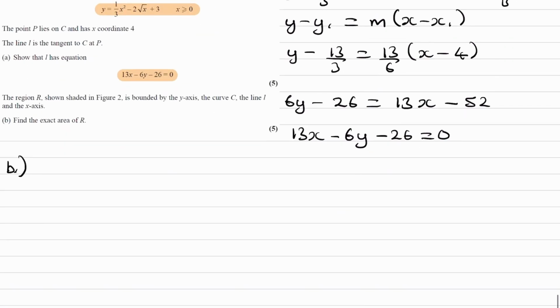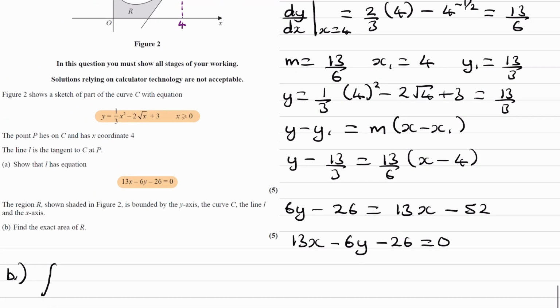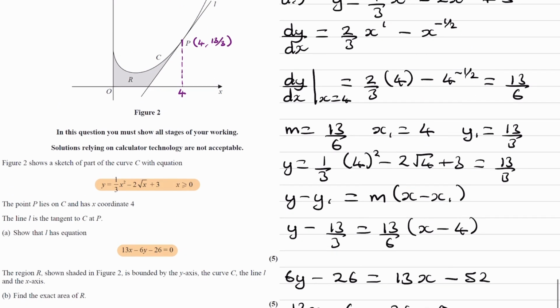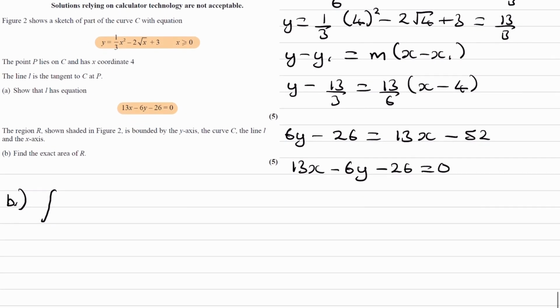So our integral, the bounds would be 0 and 4. And this is what we're integrating: a third x squared minus 2, again written as x to the power of a half, which makes it easier to integrate, and the limits are 0 and 4.